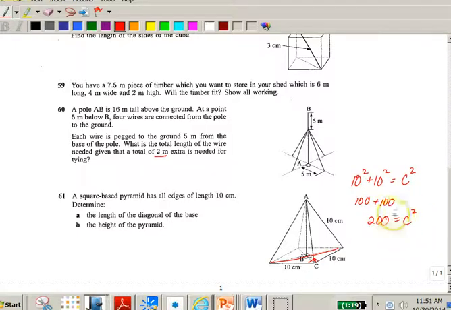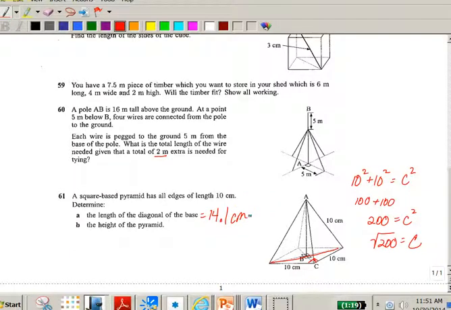Therefore, the length of the diagonal of the base is going to be the square root of 200 equals C. And since my calculator is handy, I will punch that in and get 14.1 centimeters.